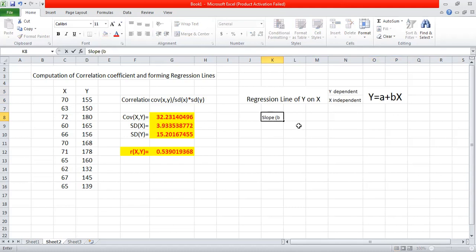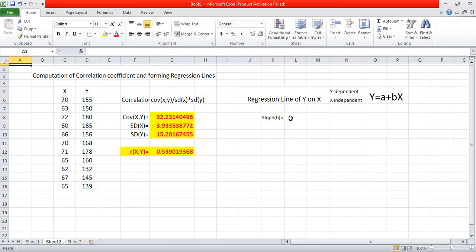Slope is nothing but the b value. To find it, we use the function called slope: equals slope of, open the brackets. You get the format of the formula, that is known y's comma known x. That means first the dependent variable values, comma, independent variable values.